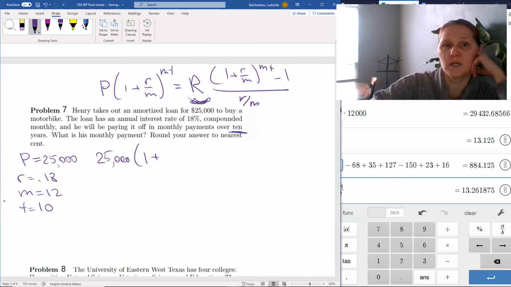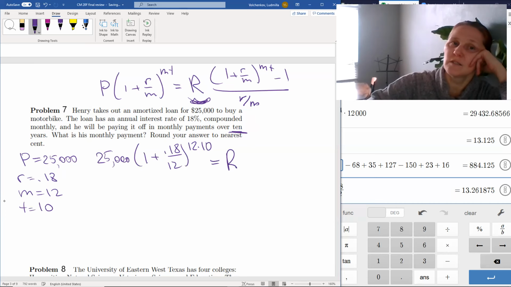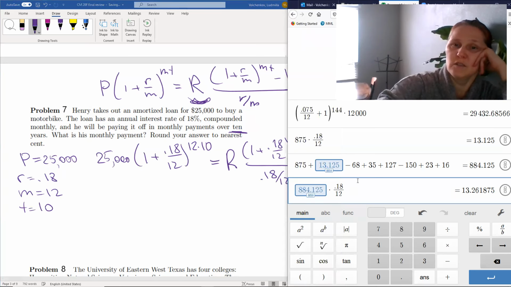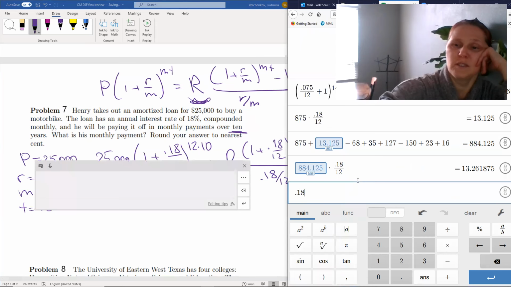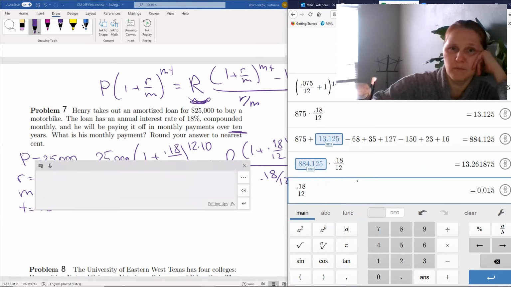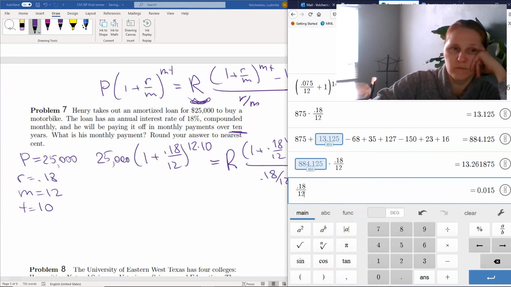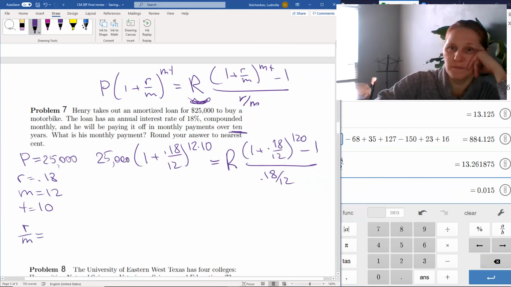25,000 times 1 plus 0.18 over 12, to the power 12 times 10, equals r times 1 plus r over m to the power mt, minus 1, divided by r over m. So first we need to find 0.18 over 12. R over m is 0.015.